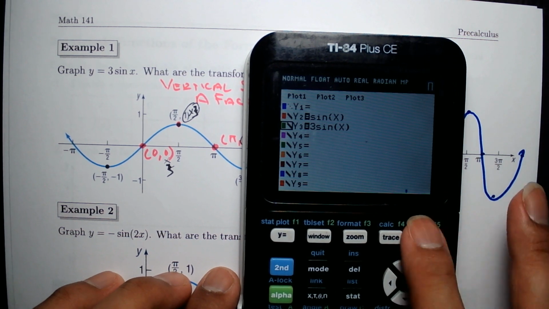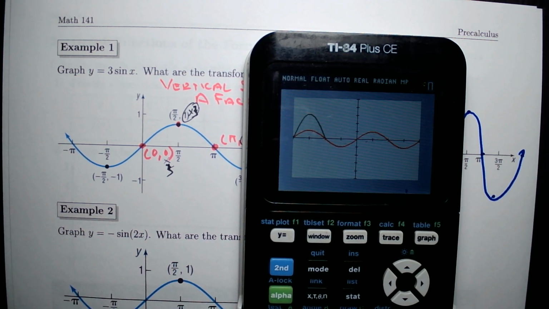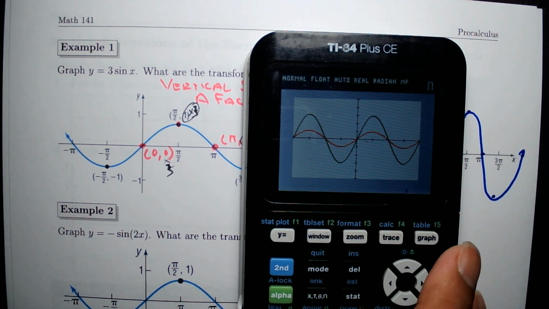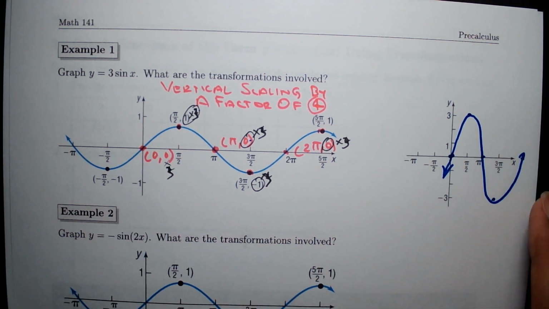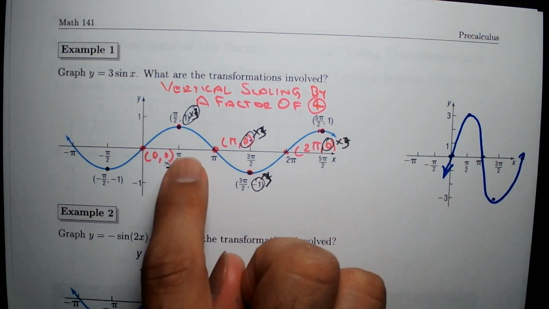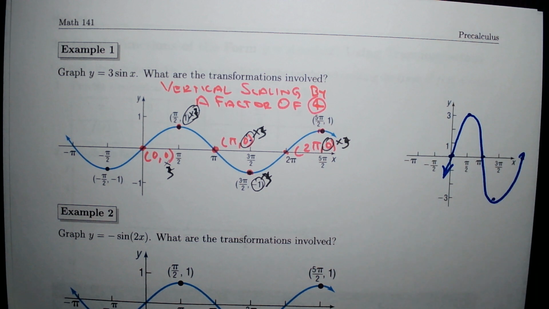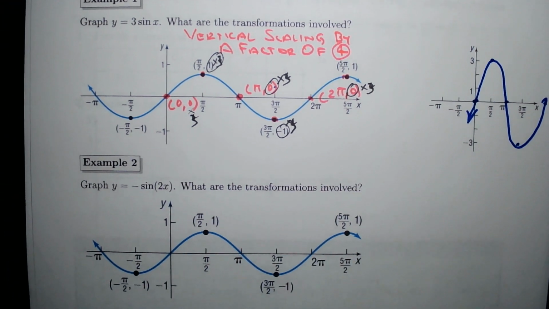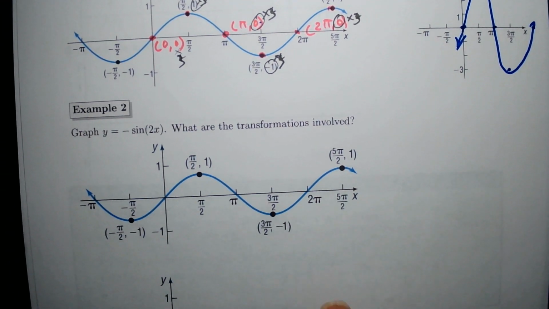Okay, and graph. Essentially it's the same graph, the same intercepts, but it's stretched by a factor of 3. This way you can see the difference between the original and the one I did by hand, because right here the difference is not very clear when we do it by hand. The idea is to ultimately understand the transformations that are involved.